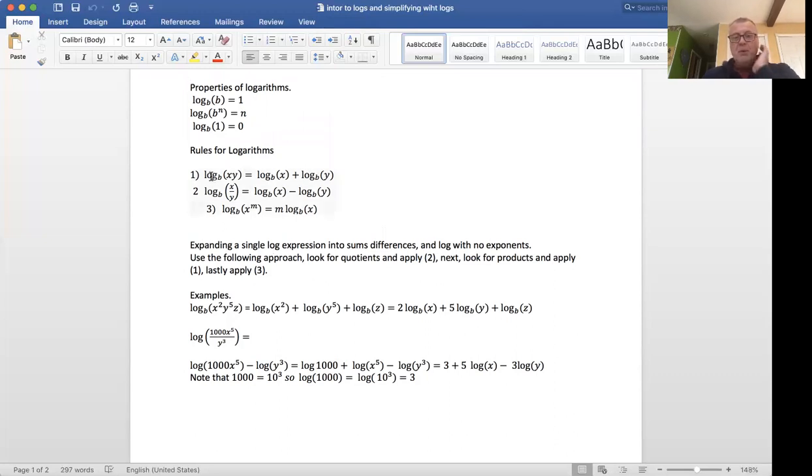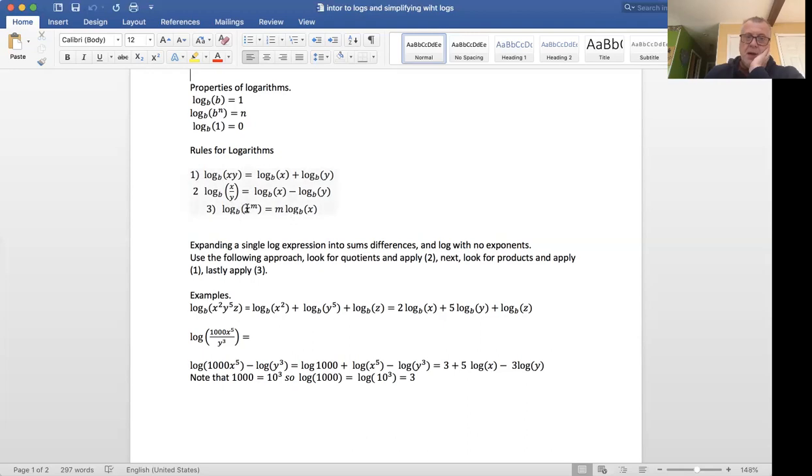Okay, so we have some properties. The log of a product equals the sum of the logs. Think about exponents. We're multiplying two things together that have the same base, we add the exponents. That's all we're doing here. The log of a quotient equals the log of the numerator minus the log of the denominator. Again, think about exponents. When we divide two things with the same base, we subtract the exponents, numerator exponent minus denominator exponent.